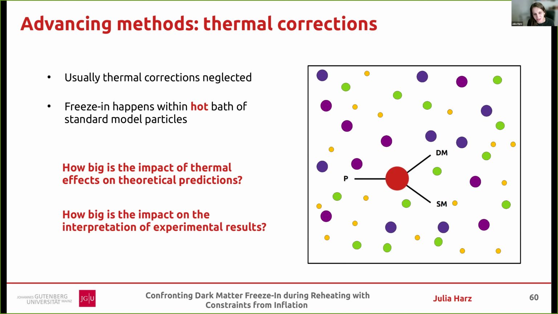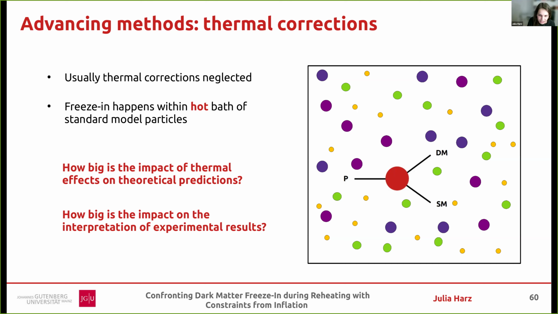What I did not include, and this is what I want to stress, is of course that the decay happens in a thermal bath. I was saying this very naturally, but I was never mentioning that I included thermal corrections.